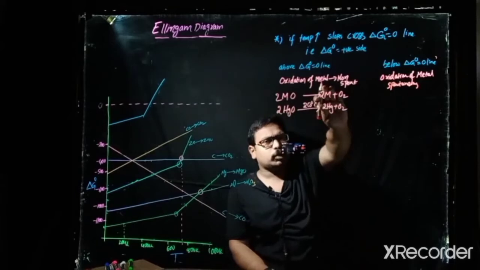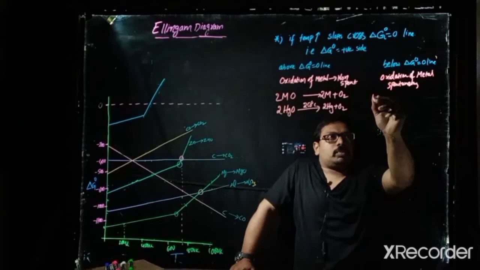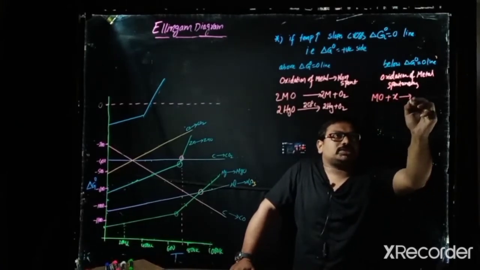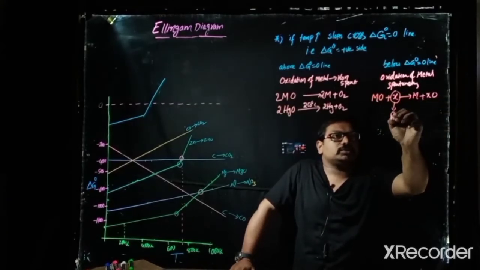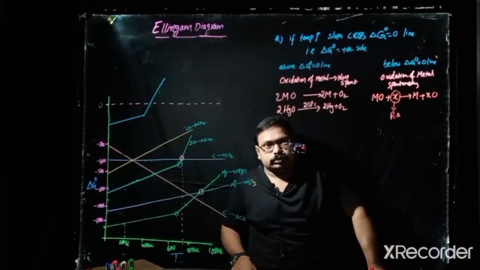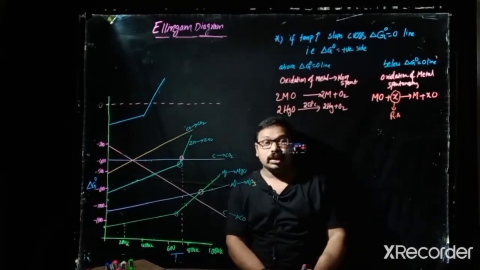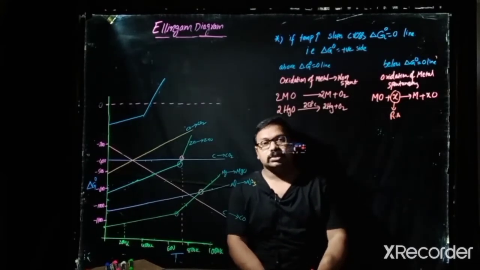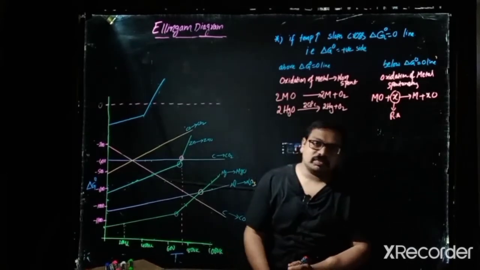That is the reason it is non-spontaneous here and spontaneous here. So the formed metallic oxide is more stable, and we have to use a special reducing agent. Then only that reduction will happen. So temperature is very important to decide the suitable reducing agent for the reduction of the metal.